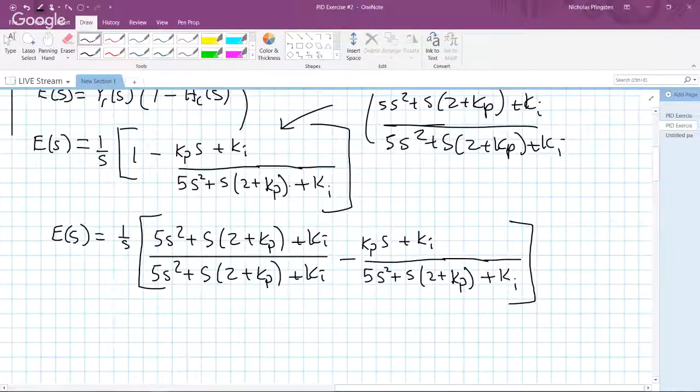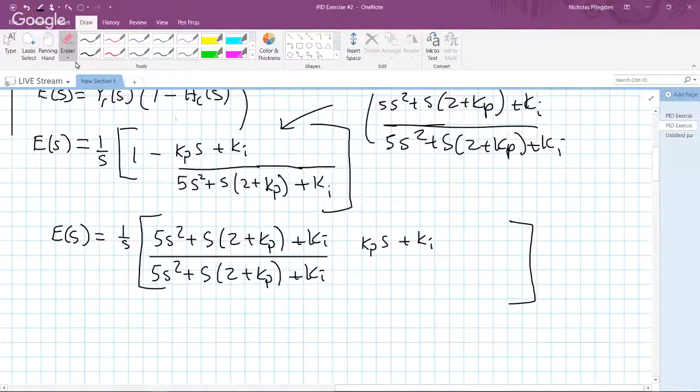Now you see what's going to happen is because these are the same denominator, I can combine this into one ugly fraction. And that's what I'm going to do right now. And you saw that negative I just got rid of. A negative gets distributed to the kp of s and the ki.